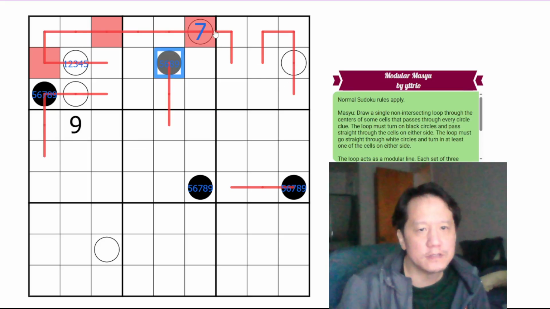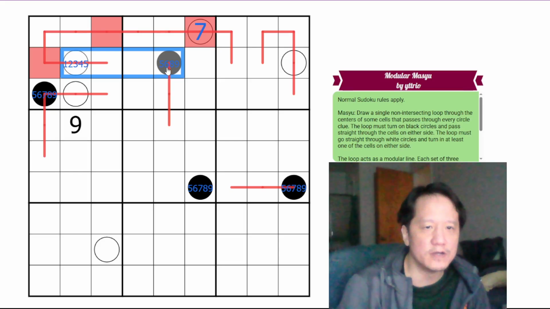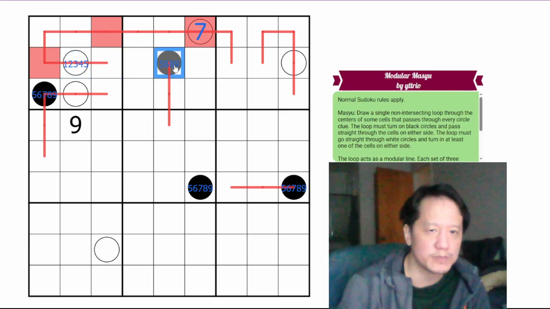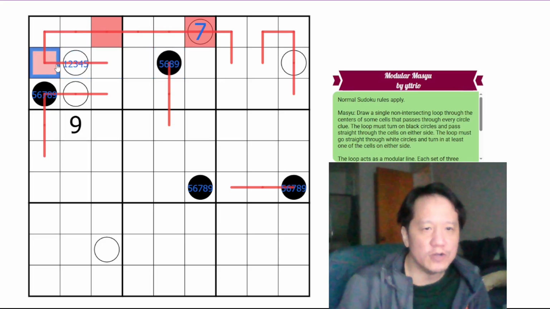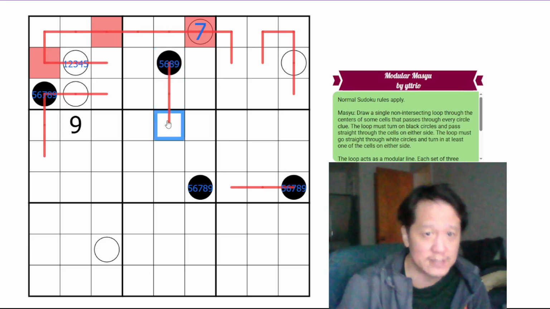Let's see. So if it goes this way, this has to be middle and this must be middle. So if this connects this way, the problem is this would see 1, 2, 3, 4, 5, 6, 7 cells.